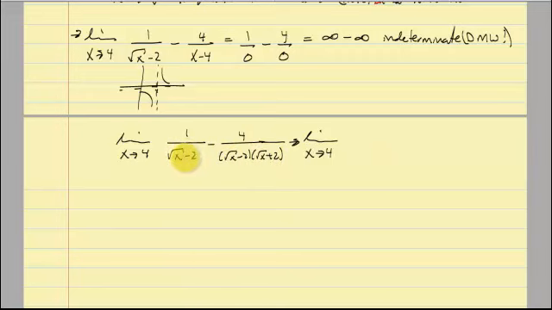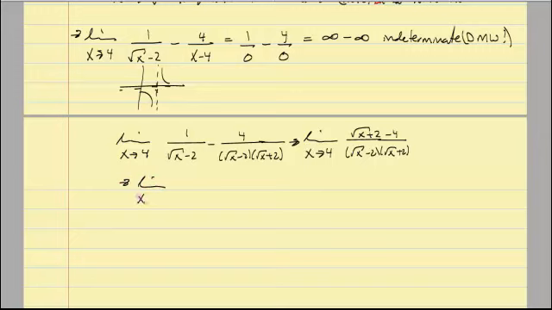This term is missing root x plus 2, so I'd multiply top and bottom by root x plus 2. This minus 4 actually already has the common denominator, so now my overall common denominator is root x minus 2 root x plus 2. Now you cannot cancel this root x plus 2 with this one. The bottom one is a factor, the top one is a term, and you can only cancel factors.